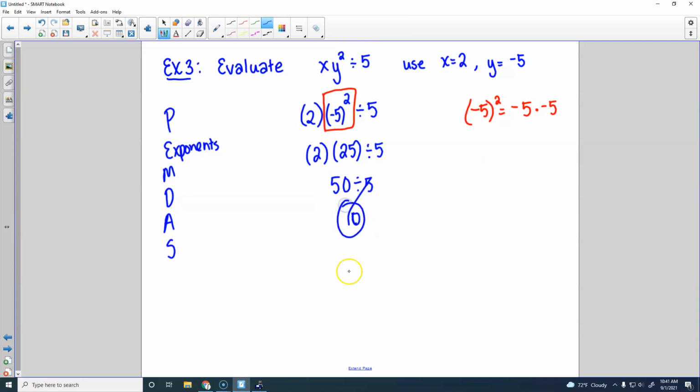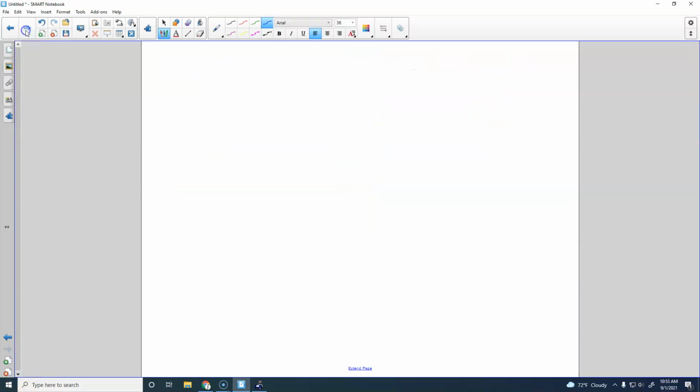All right, we're going to do some different notation this time. So we're going to use function notation, and I don't know if Miss Ball did this any in 8th grade.